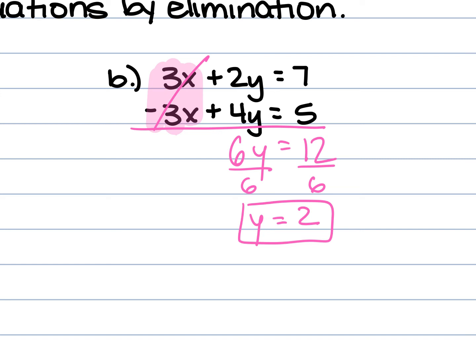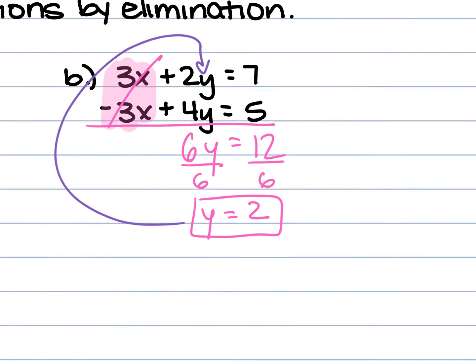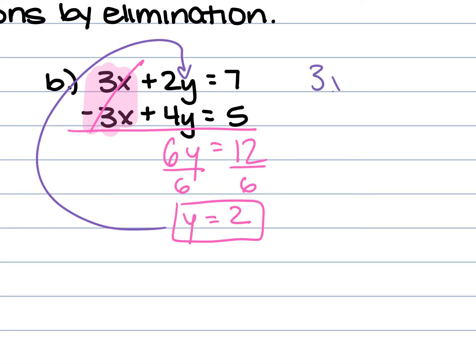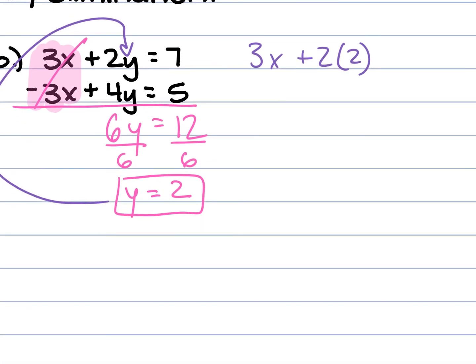What can I do to find my other answer? Plug it into what? But make sure you plug it into y. So I have 3x plus 2 times 2 is equal to 7. Since it's y equals 2, I'm plugging that 2 into y. Now I'm going to solve for x. What do I do first? Multiply.